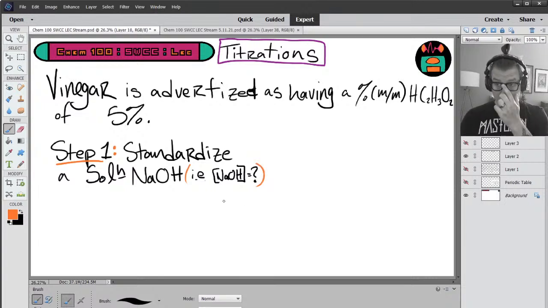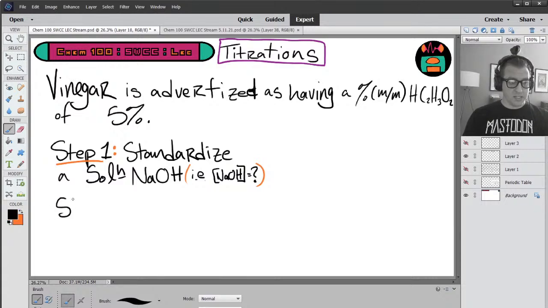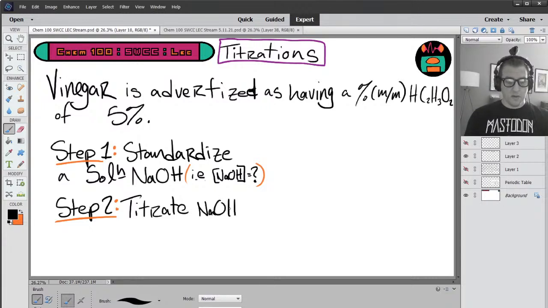Once you know the molarity of your sodium hydroxide solution, second step is titrate sodium hydroxide with vinegar.